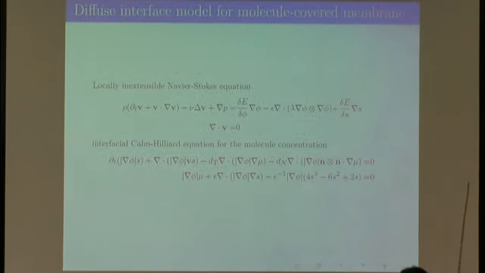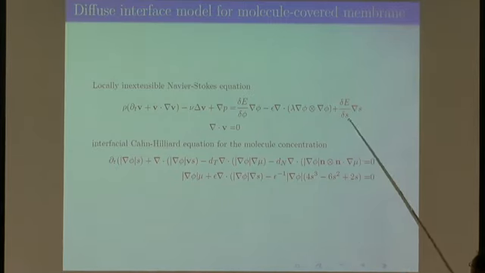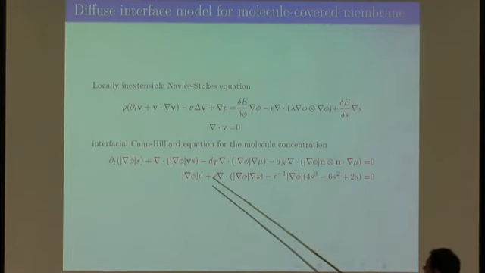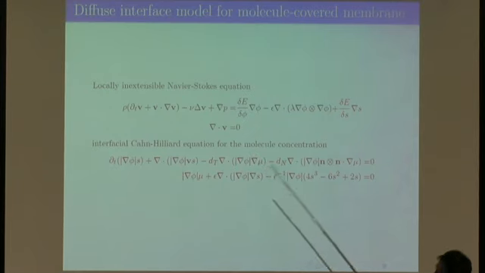Okay, and then you can basically derive the governing equations like we did before for the Navier-Stokes-Cahn-Hilliard system, where you have now an additional term coming from the variation of the energy in this species concentration S, and an additional concentration equation for S on the surface, where we use the Cahn-Hilliard equation restricted to the surface.